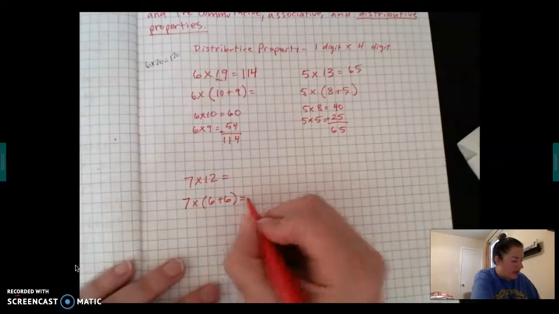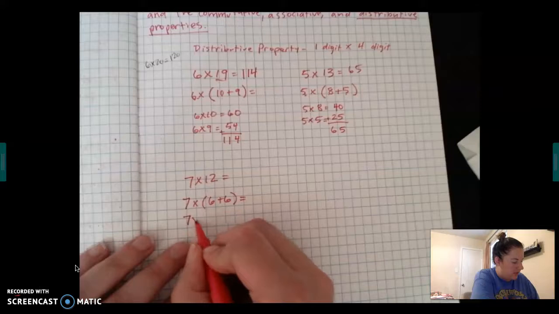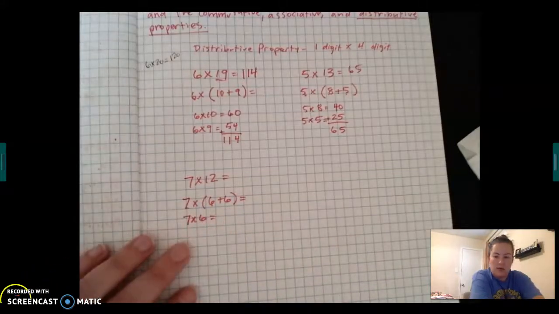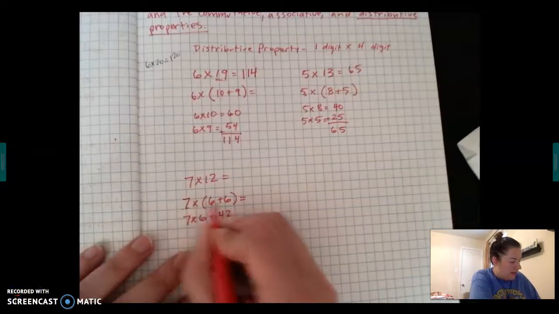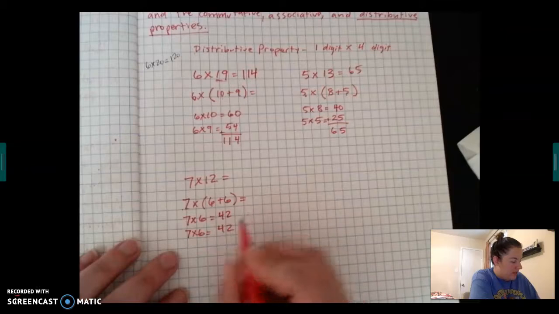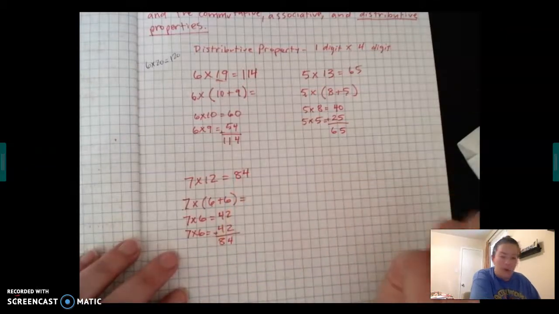There's a ton of different options you could do. So if I do 6 plus 6, I know 7 times 6 is 42. And then 7 times 6 again is another 42. And then I know my answer would be 84.